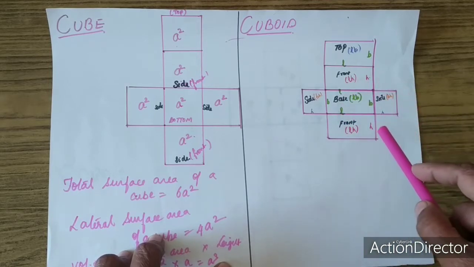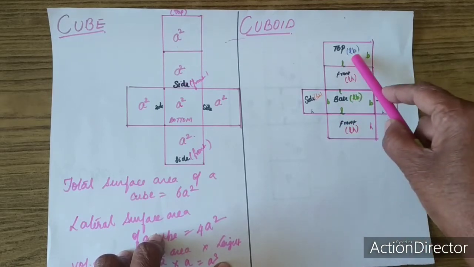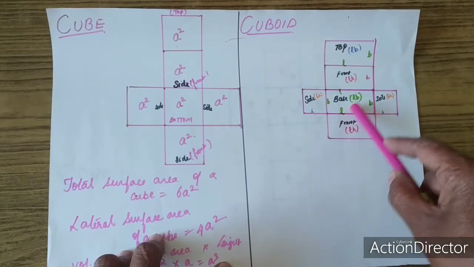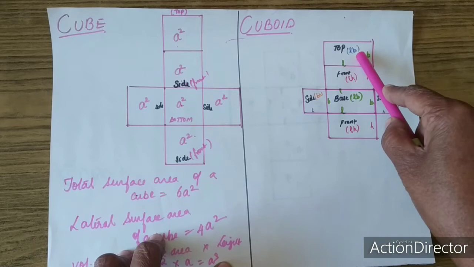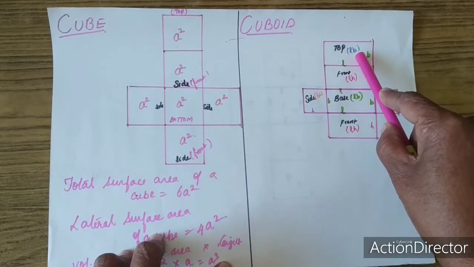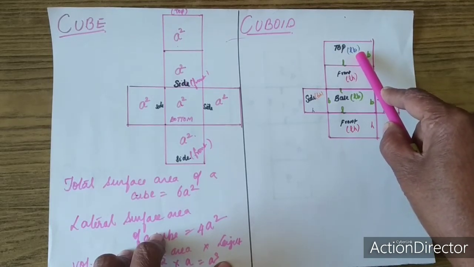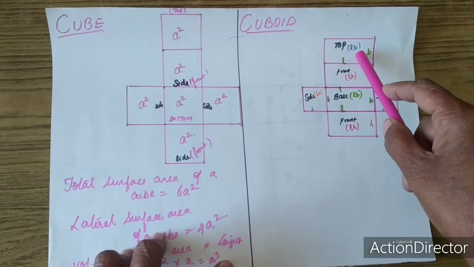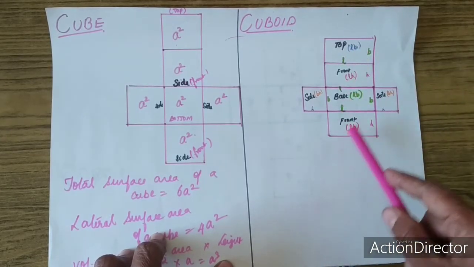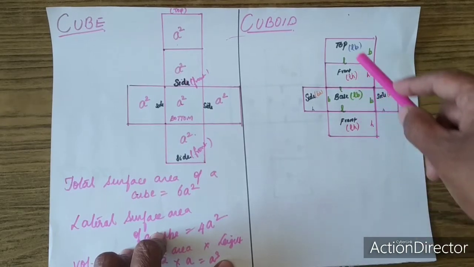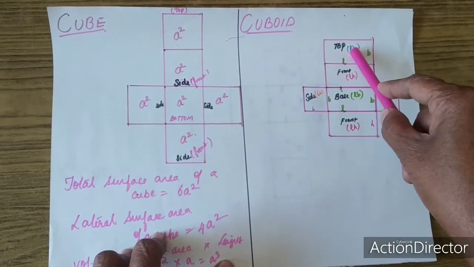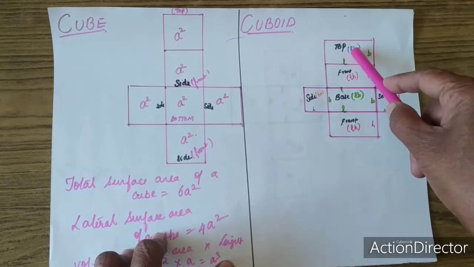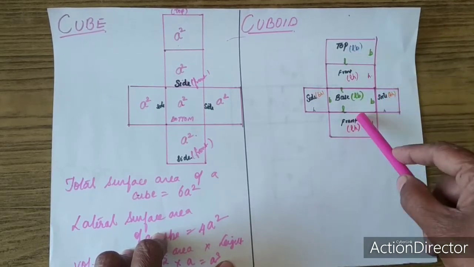So on the whole you have 2 times length into breadth, that is your floor and the top roof of your room. Whenever a cuboid is given, imagine the room where you are sitting, and you can very easily understand the formula. The floor and the roof of your room have the formula length into breadth, so 2 times length into breadth.